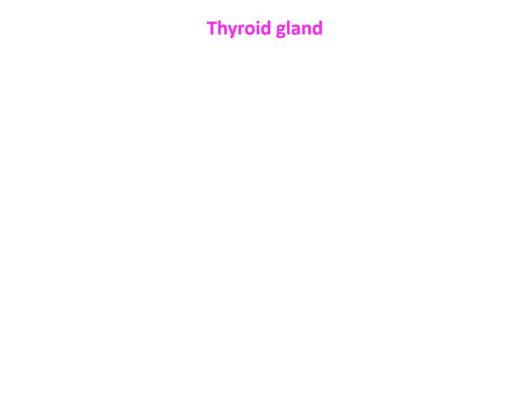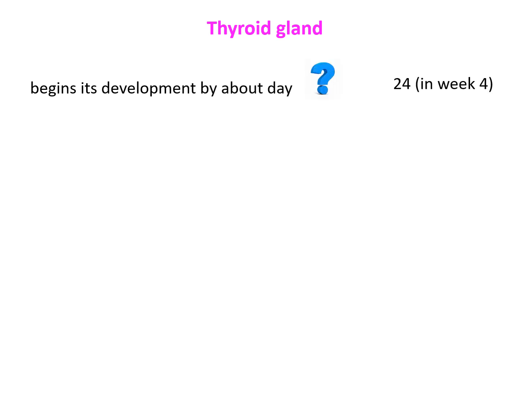Let's write down some remarks about the developing thyroid gland. It begins developing about the 24th day.